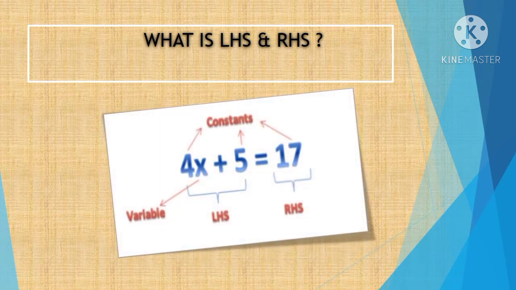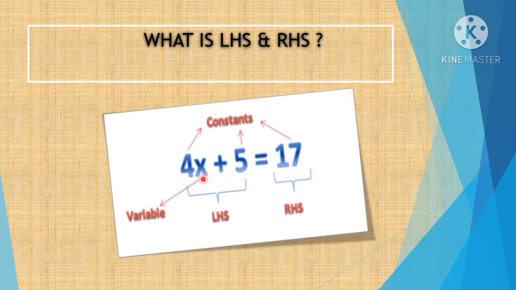We are having 4x plus 5 equal to 17. Right? So in this, first you find out the constant terms, children. You know 5 and 17 are the constant terms. Then 4x is a term.